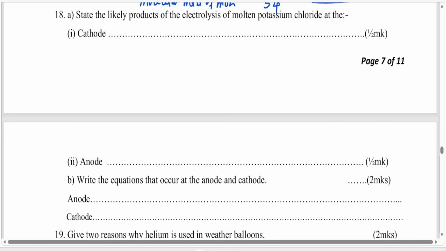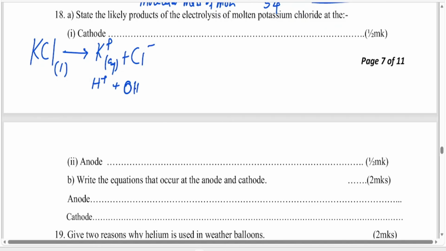In our case here, we have molten potassium chloride. We have potassium ions and we also have chloride ions. On top of this, we have hydrogen ions and we also have hydroxyl ions.